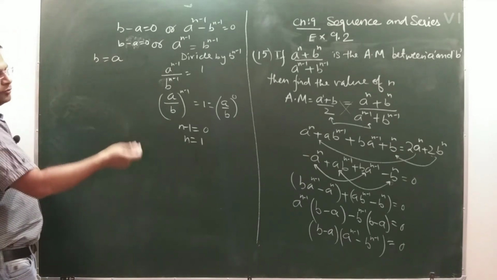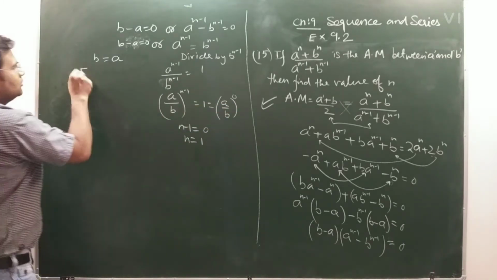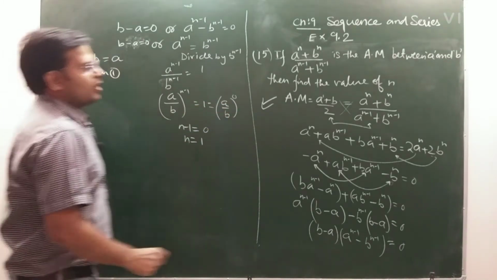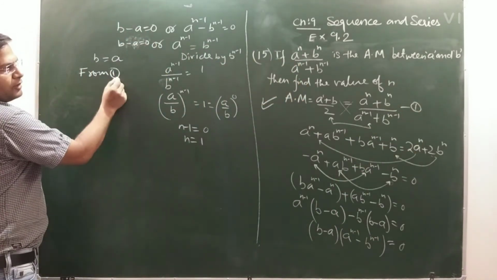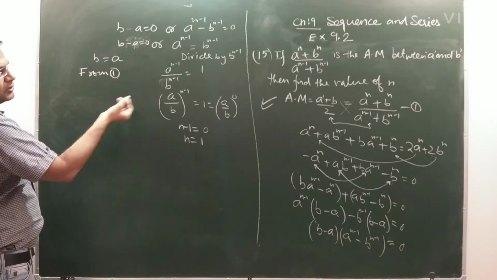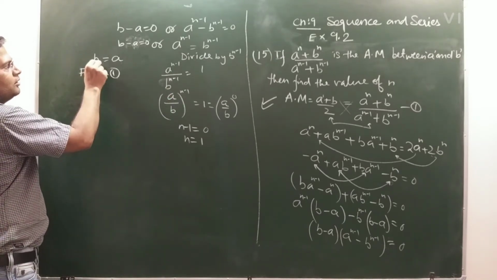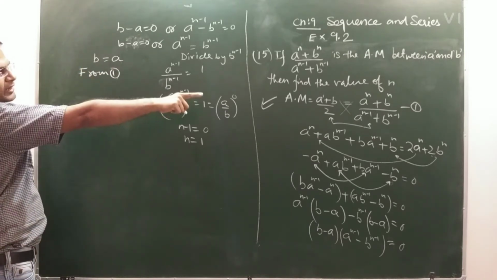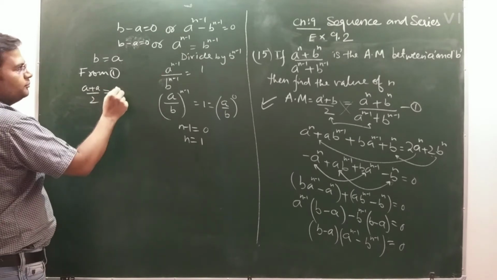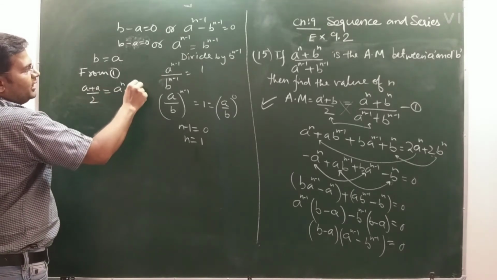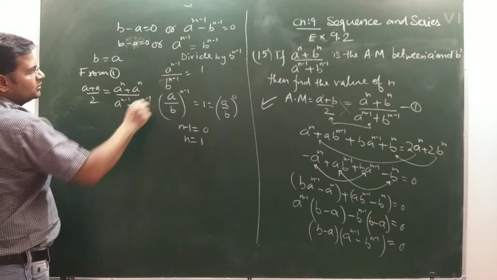You see how we started from equation number 1. So from 1 you can substitute all the values, replacing b by a. Your LHS will become (a plus a)/2, and the RHS will become (a^n plus a^n)/(a^(n-1) plus a^(n-1)).